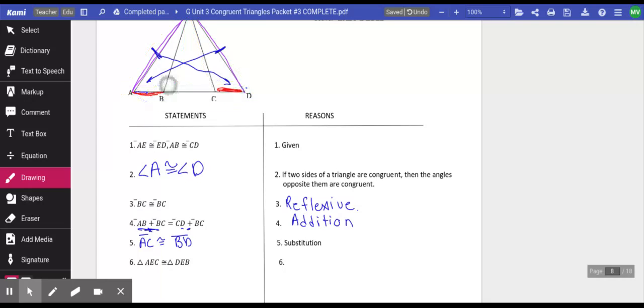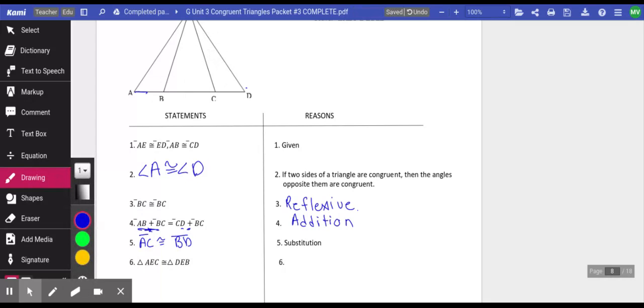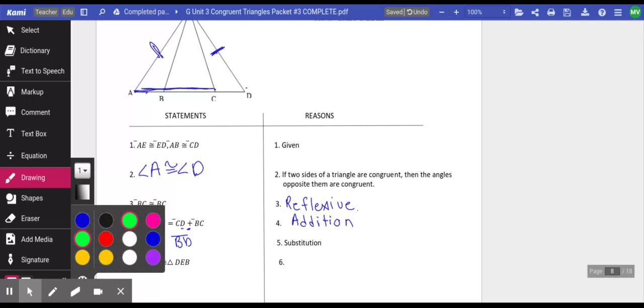Now we need to figure out why we know those triangles are congruent. So I'm going to erase a lot of my stuff here. And I want to only write down what I said in this problem. So I know that AE is congruent to ED, and I know that AC is congruent to BD.